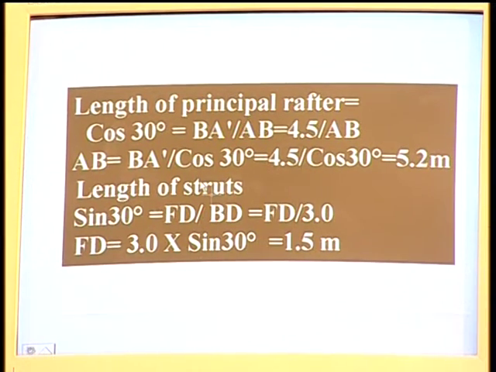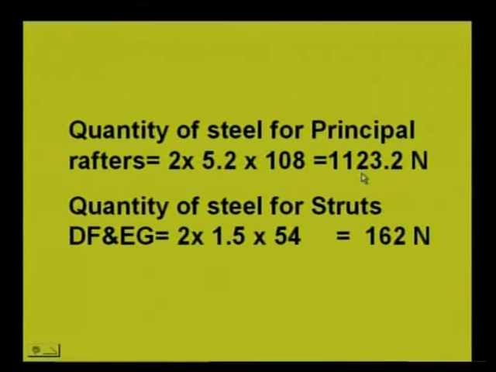The quantity of steel for principal rafter is equal to 2 rafters with 5.2 into 108, which comes around 1123.2 newtons. Similarly, quantity of steel for struts, 2 struts are there, 2 multiplied by 1.5 is the length, 54 is the weight of the steel. So the weight of the steel multiplied with the total length comes around 162 newtons. So this is one small example on estimation of quantity of steel for a truss. With this discussion we conclude today's class.